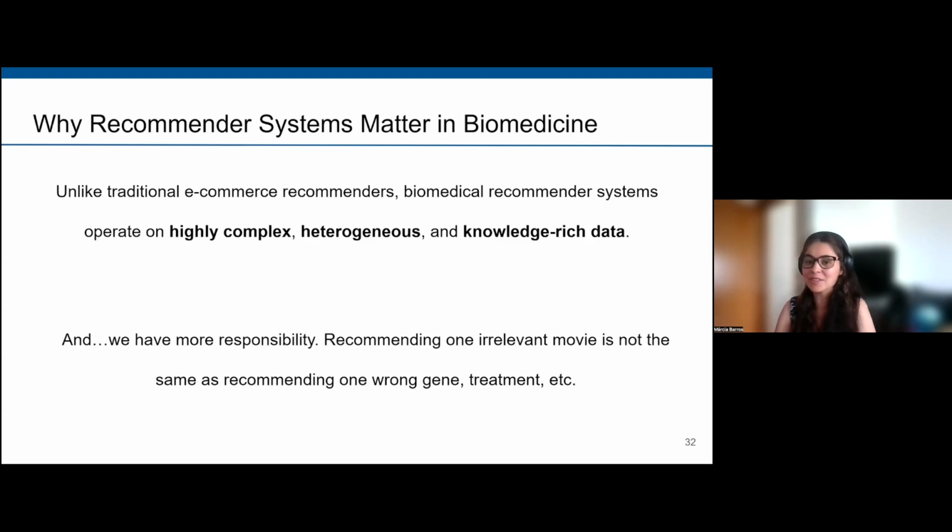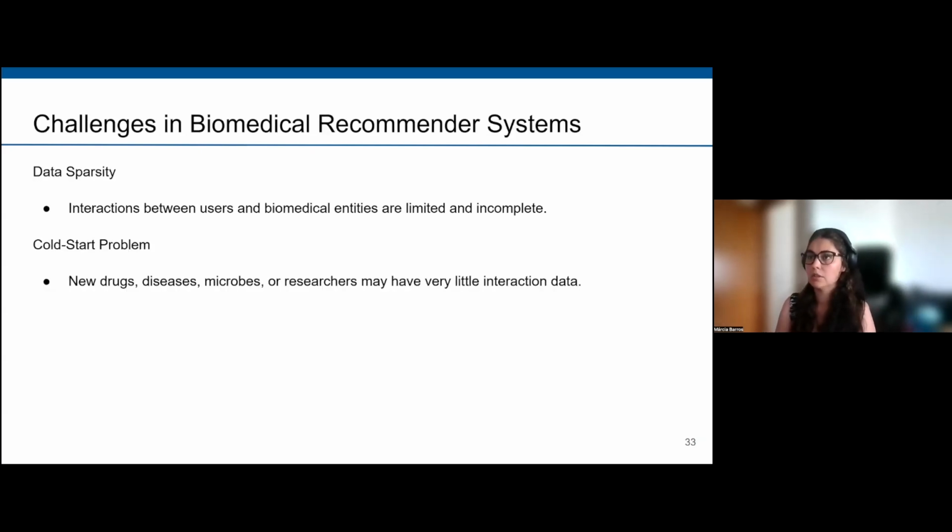The user doesn't like the movie, but nothing wrong comes from it, hopefully. But if I recommend a wrong gene, a wrong treatment, a wrong BCA, this can lead to spending and costs and time and lives. So we have a different responsibility here in the recommendation.